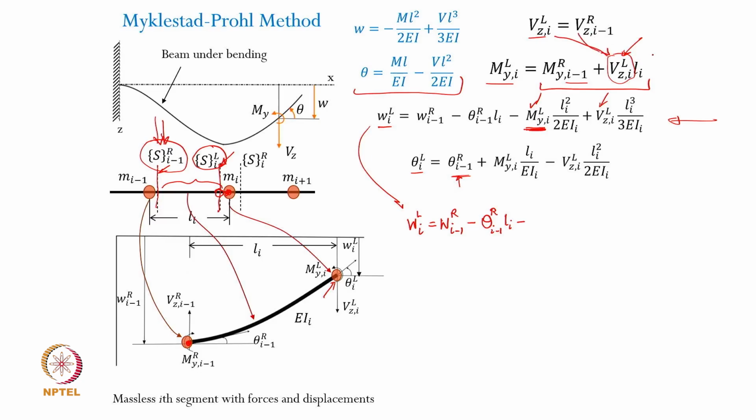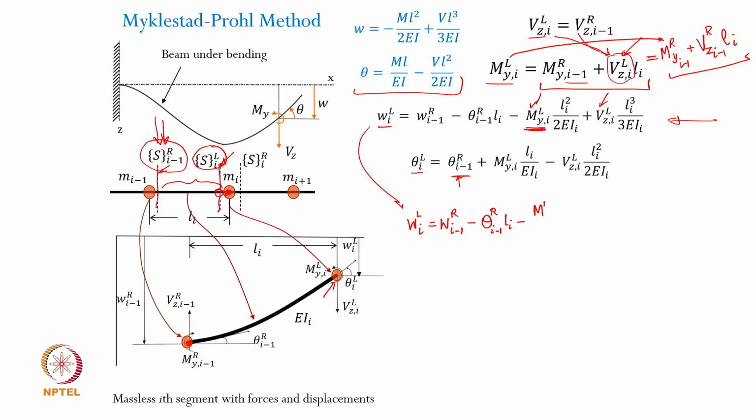So I can rewrite the right side as M^R_{y,i-1} plus V_{z,i}^R, because both the shear forces are identical on either side, L_i. So I can use now this M^L_i equal to this value. So this is how I do it.